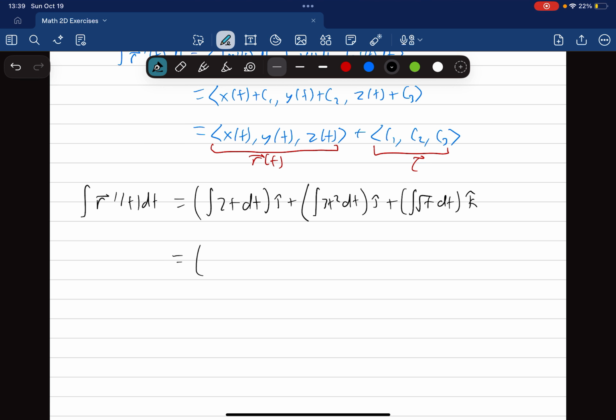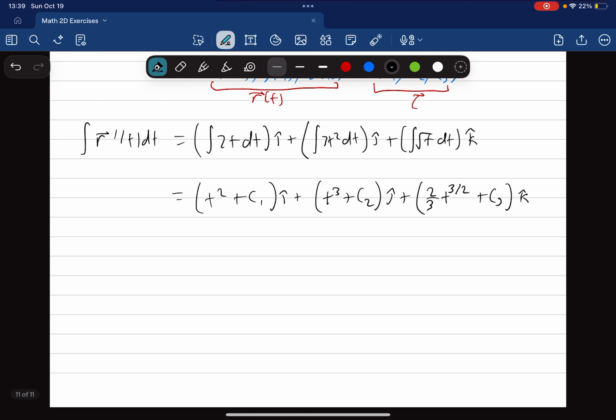Just calculating these integrals, the first one will be t squared plus some constant c1 i hat. Next one will be t cubed plus some other constant c2 j hat. And then finally, with a quick mental power rule, this will be 2/3 t to the 3/2 plus some other constant c3 k hat.